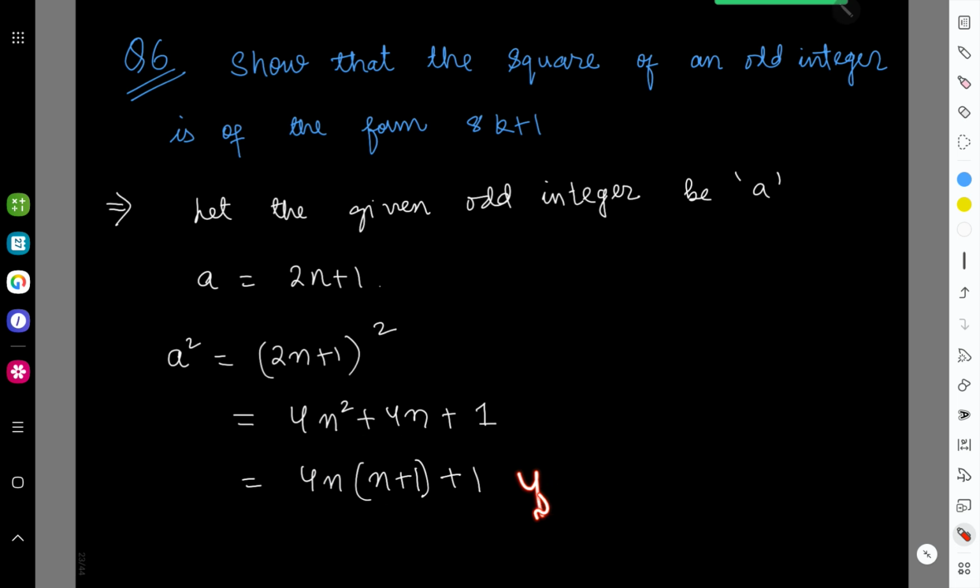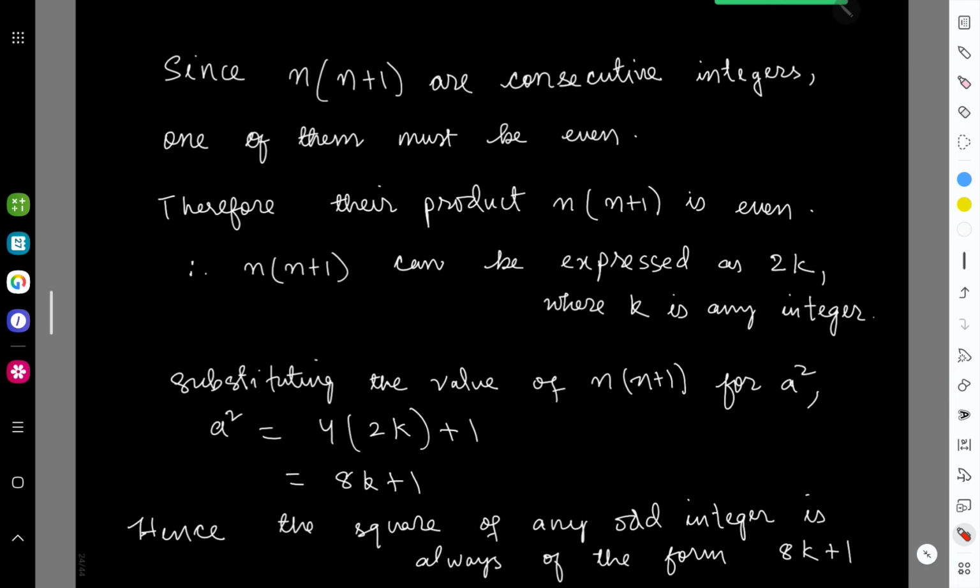So it's 4 times 2k plus 1, and if I open the bracket, then I will get 8k plus 1. Hence, the square of any odd integer is always of the form 8k plus 1. It is very important to give a conclusion for the question once you are done with the answer.